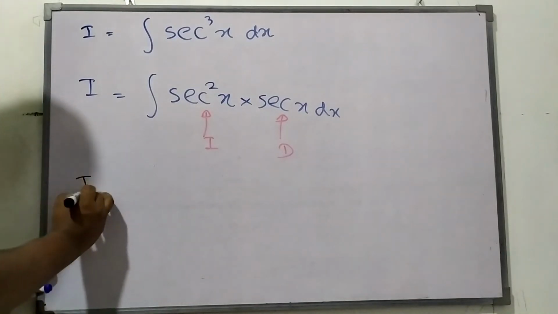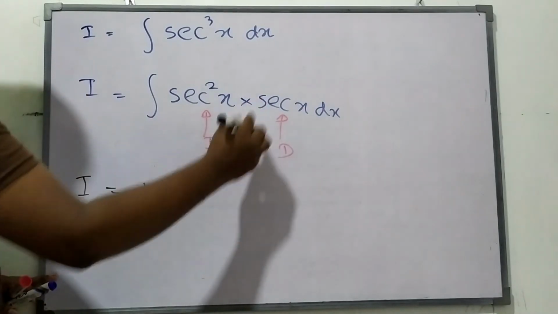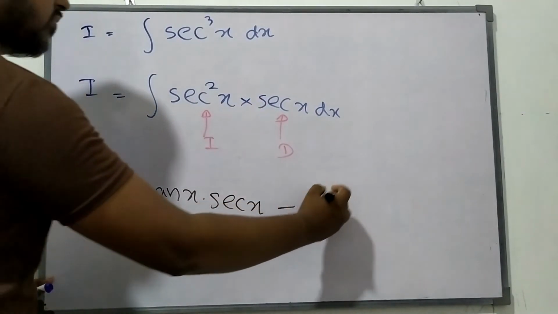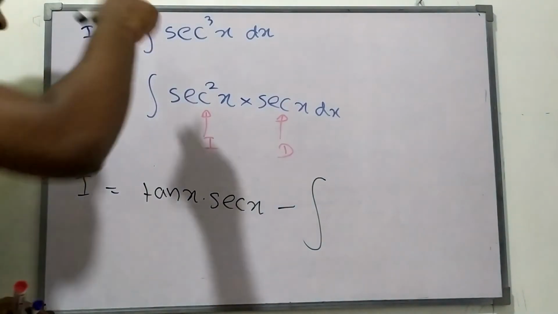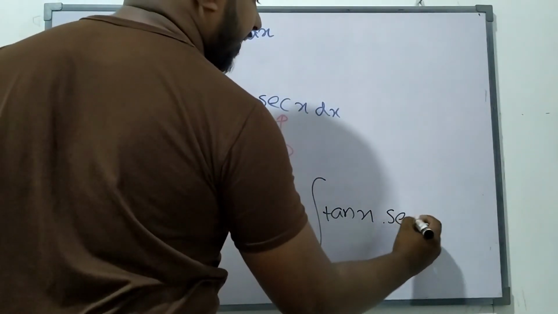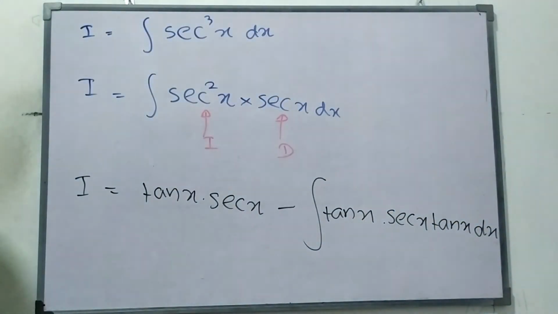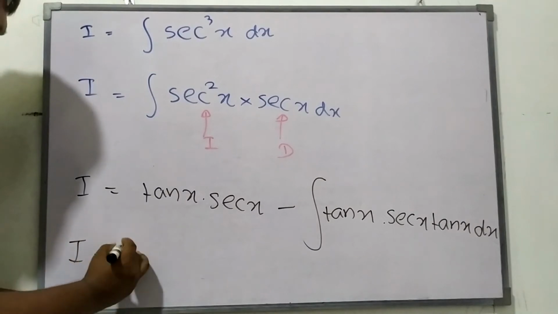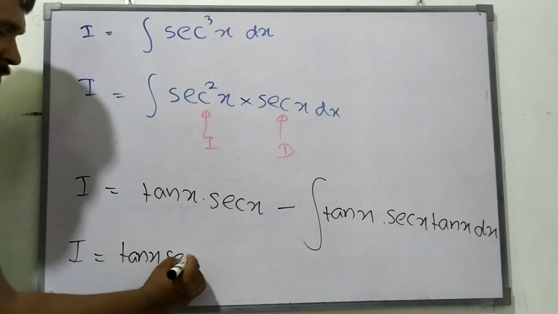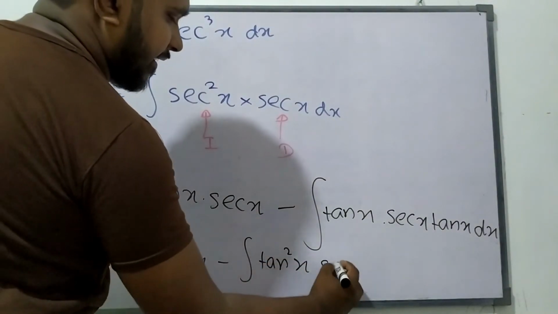Then I becomes, sec squared integration is tan x, into the differentiation function, minus integration value into differentiation answer, sec x tan x. Minus tan squared x sec x.